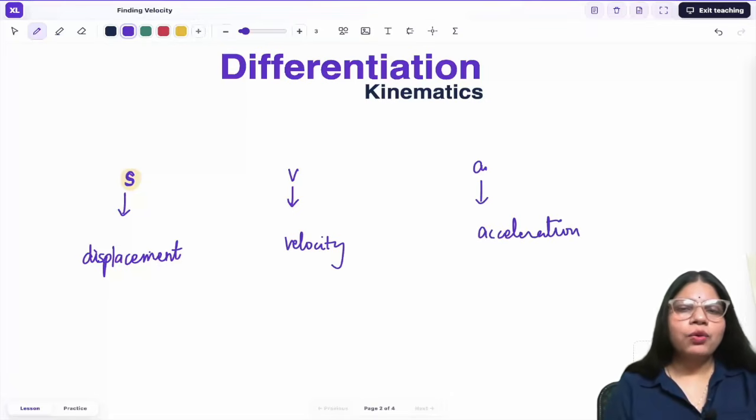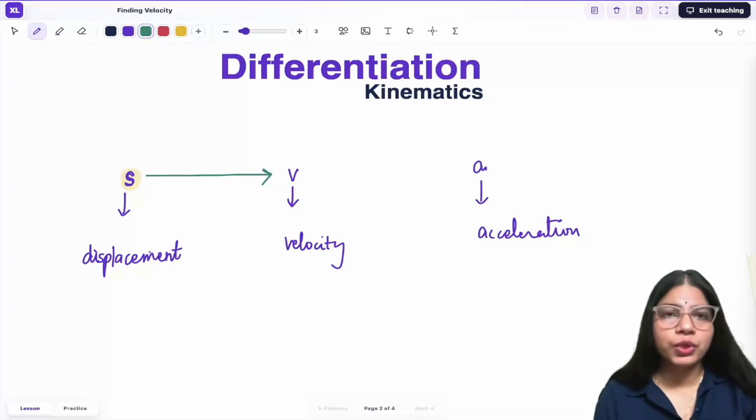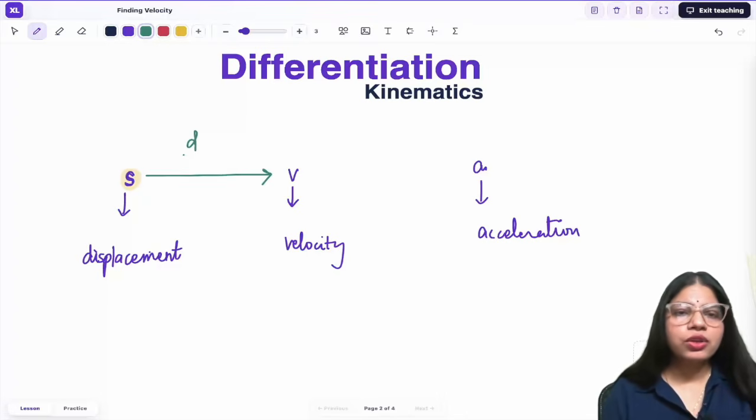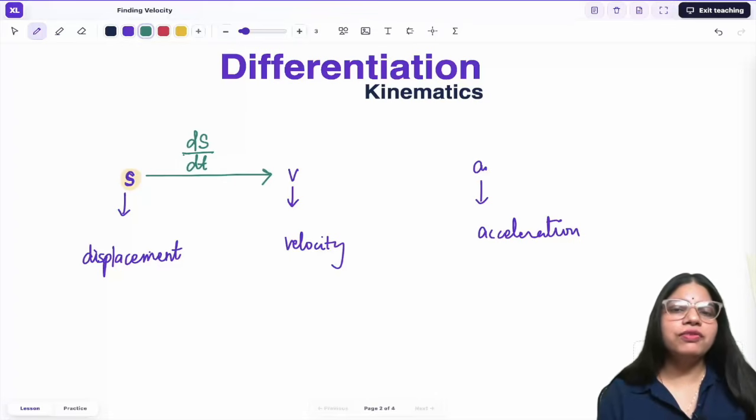Now, how are these things linked together and with differentiation? If you differentiate S, you get V. They all are in terms of t. So if you are differentiating S in terms of t, that means ds over dt, you will get v. And if you differentiate v, you will get acceleration.